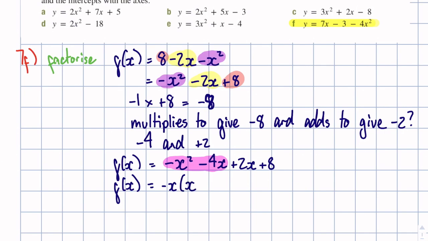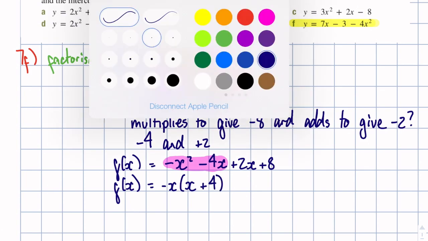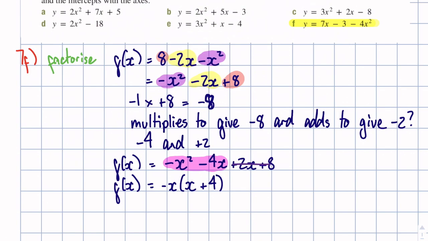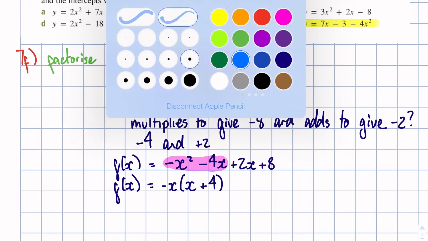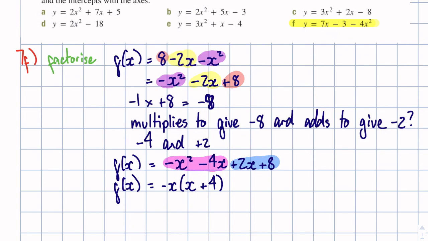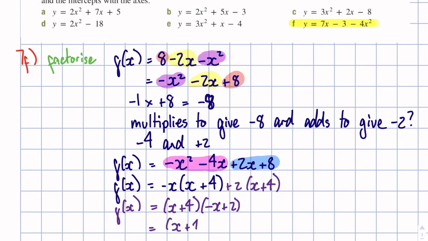Negative x from negative 4x, positive 4 is left over. And now let's have a look at these other two. Well, obviously 2 goes into both of those. X plus 4 times, that's very handy because x plus 4 appears in both. So I'm going to get x plus 4 outside of negative x plus 2, or another way to write the exact same thing is x plus 4 outside of 2 take x.